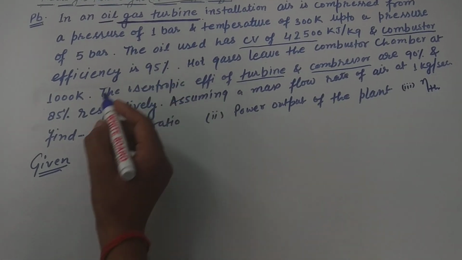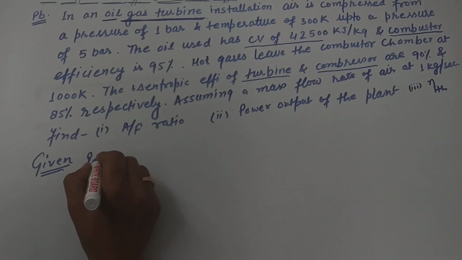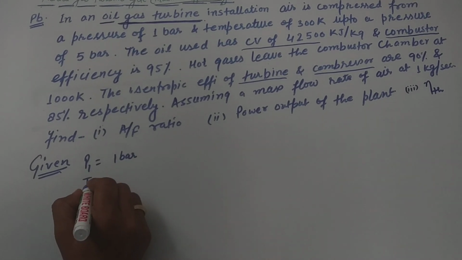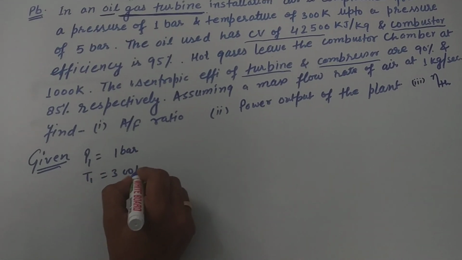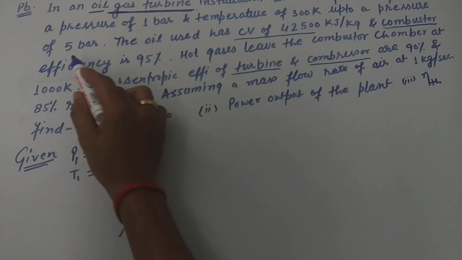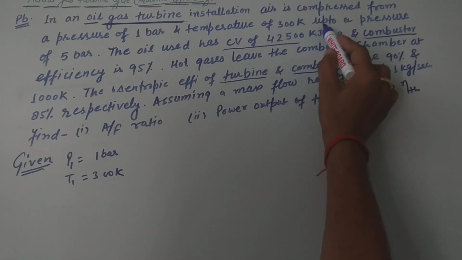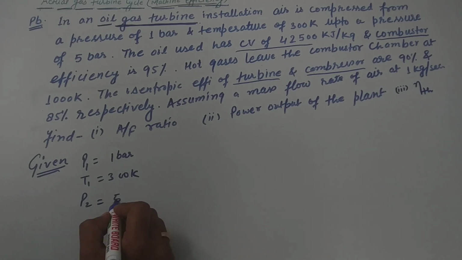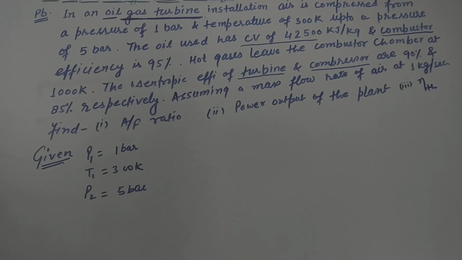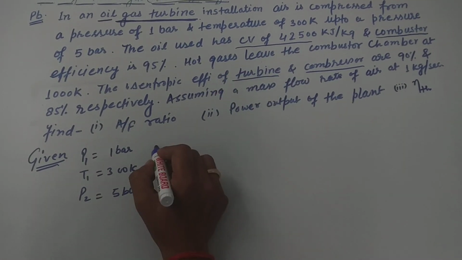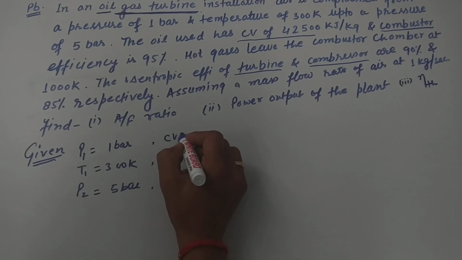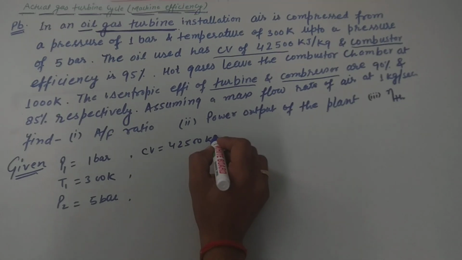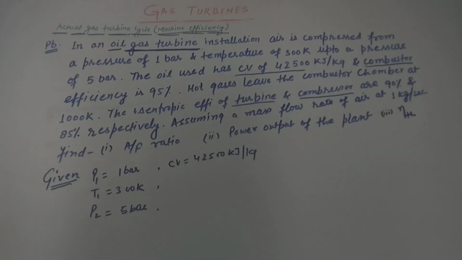We are given P1 is 1 bar, T1 is 300 Kelvin, and the pressure after compression is 5 bar, so P2 is 5 bar. The calorific value of the fuel is given as 42500 kJ per kg.